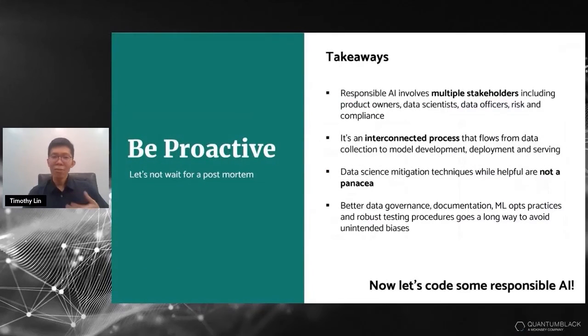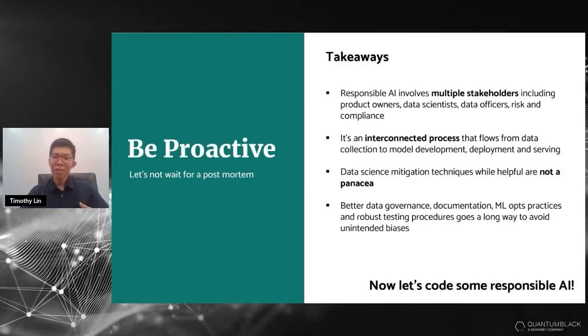And I do not want to prescribe certain kinds of methods and what is better or not. If anything, this is the takeaway I want to leave you with at the end of the talk. Instead of waiting for a postmortem to happen on a biased rogue lending algorithm, let's be proactive and think about how we can implement responsible AI practices in our modeling steps in our organizations.